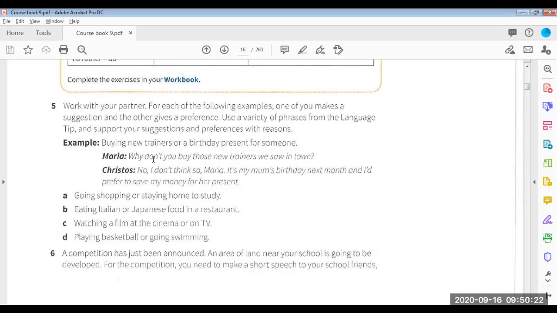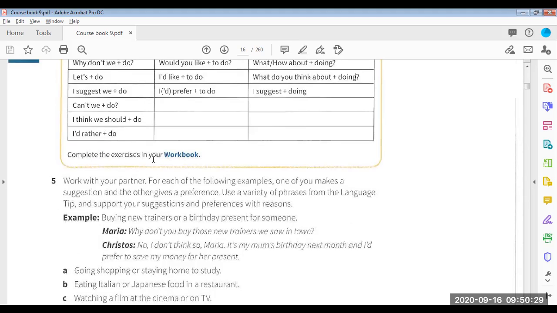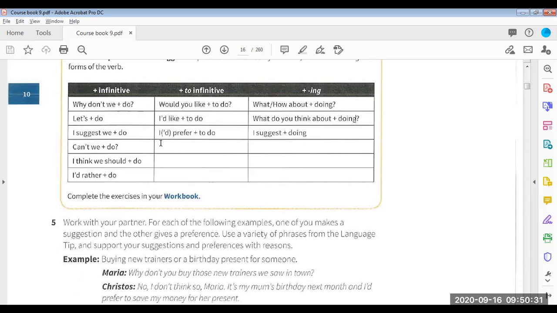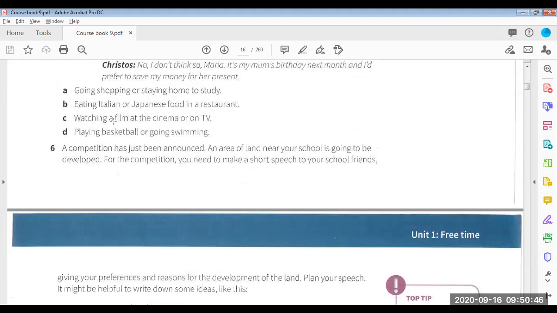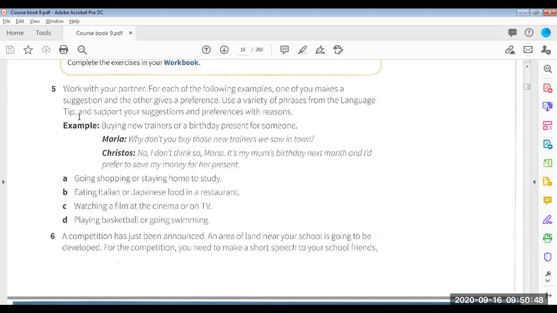The students told me about their preferences, and they used phrases like I would rather, I would prefer. I would prefer to stay at home this morning, or I would prefer to stay at home today later, or I would prefer to play right now. So these are the phrases students used to answer my suggestions with their preferences.